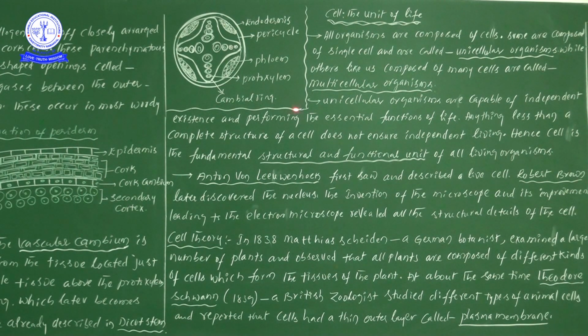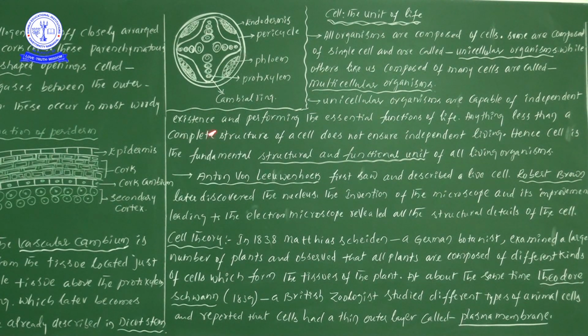Next one, performing the essential functions of life. What essential functions are required for survival and for life? All functions take place in that particular single cell. Next one, try to understand carefully.